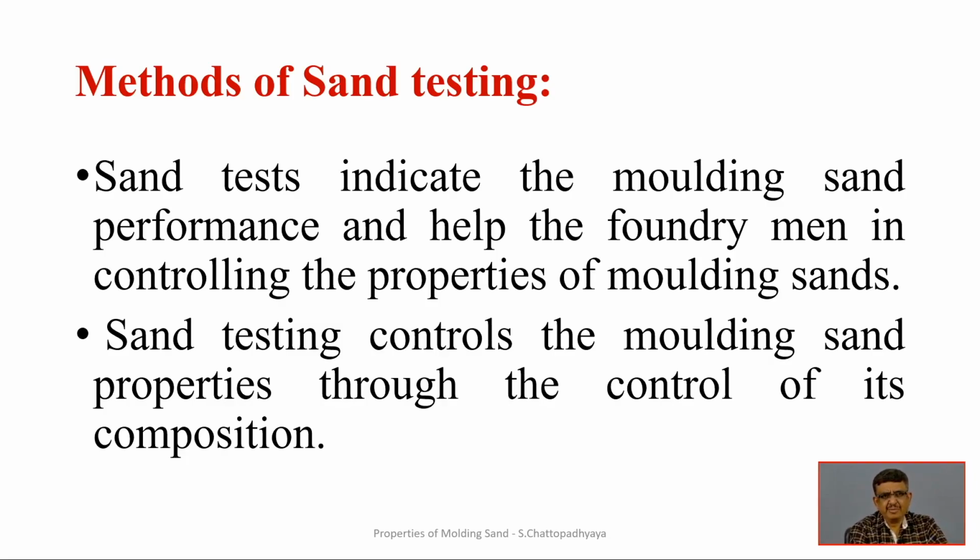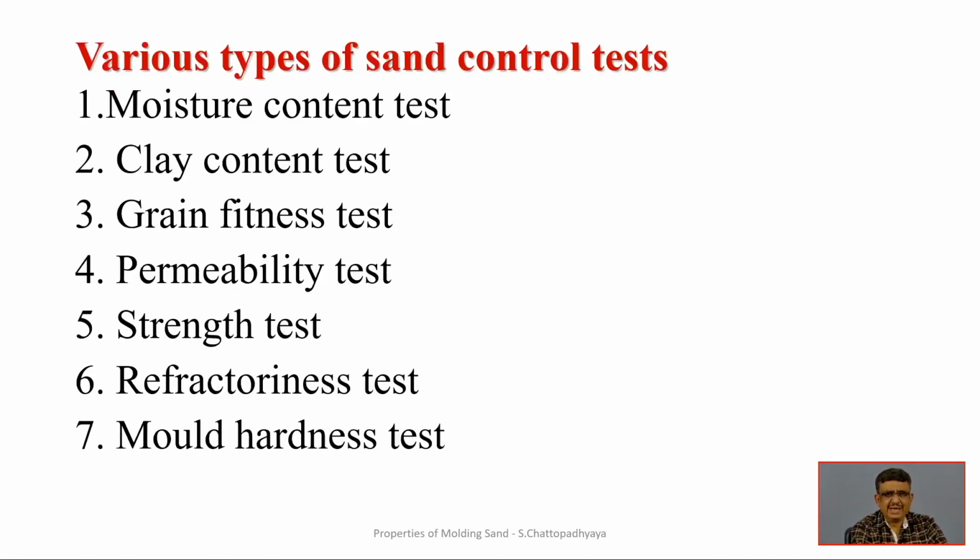If the composition is proper, we can come out with good quality sand. So, various exhaustive tests are there, and they will certify the quality of the sand in terms of its specific properties.